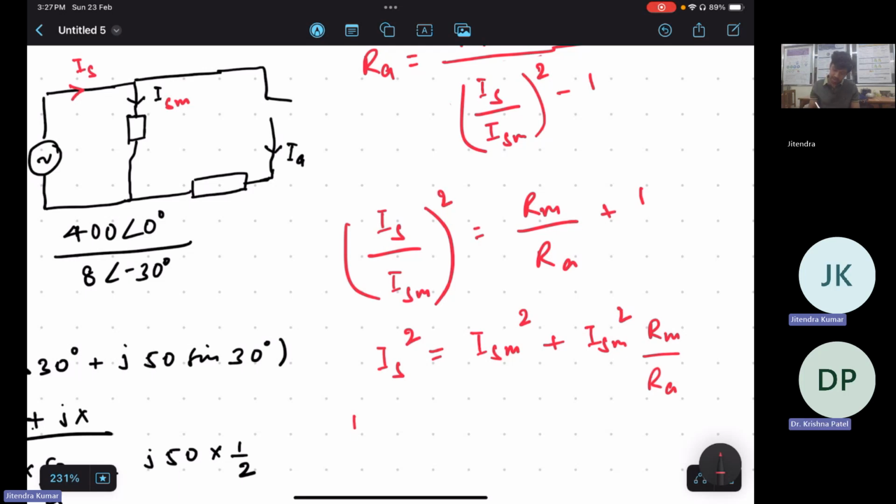Okay, so basically it is a power balance.